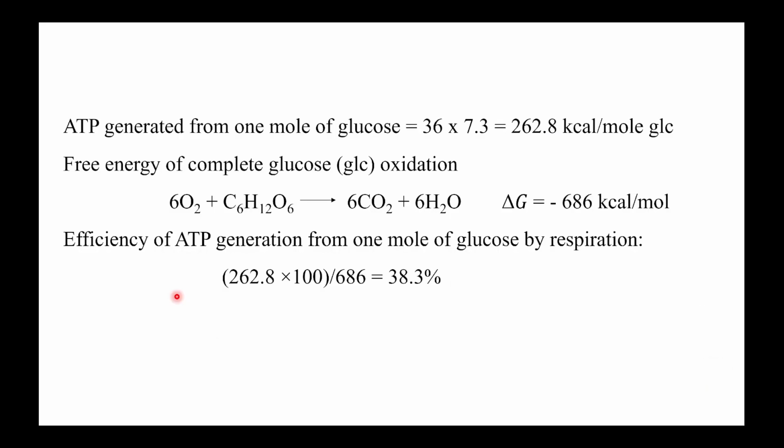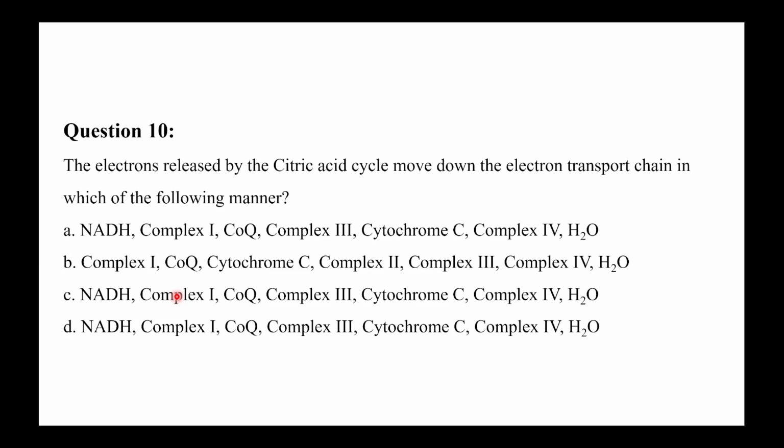Chalo, we'll move to the next question, question number 10. The electrons released by the citric acid cycle move down to the electron transport chain in which of the following manner? Option A is NADH, complex 1, coenzyme Q, complex 3, cytochrome C, complex 4, and then H2O.